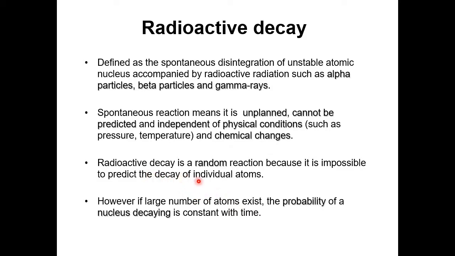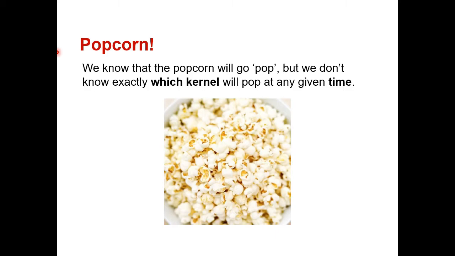Radioactive decay is a random reaction because it is impossible to predict the decay of individual atoms. Popcorn is an analogy for radioactive decay. We know that the popcorn will go pop, but we don't know exactly which kernel will pop at any given time.